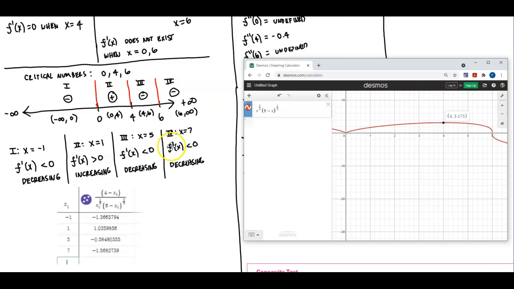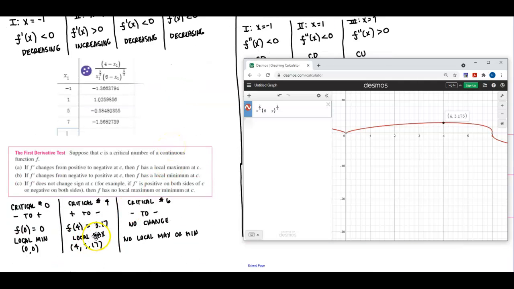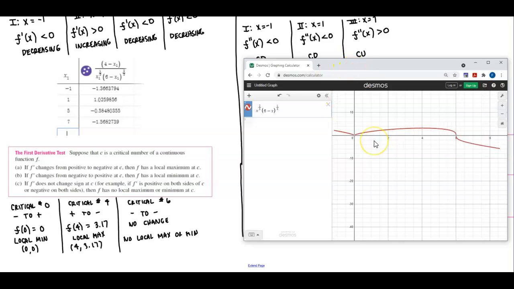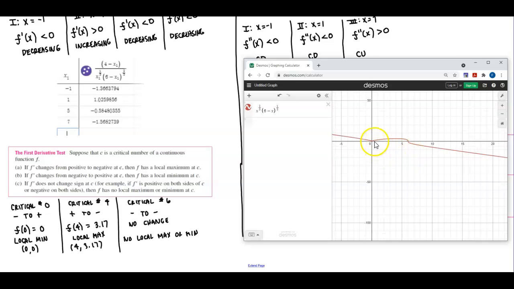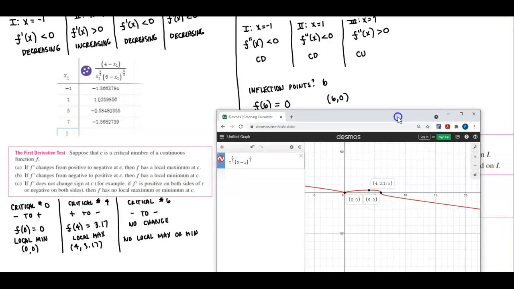We have a local maximum at (4, 3.17). We have a local minimum at (0, 0). Okay, and let's look a little further here. So there's (0, 0), and then we also have an inflection point at (6, 0).